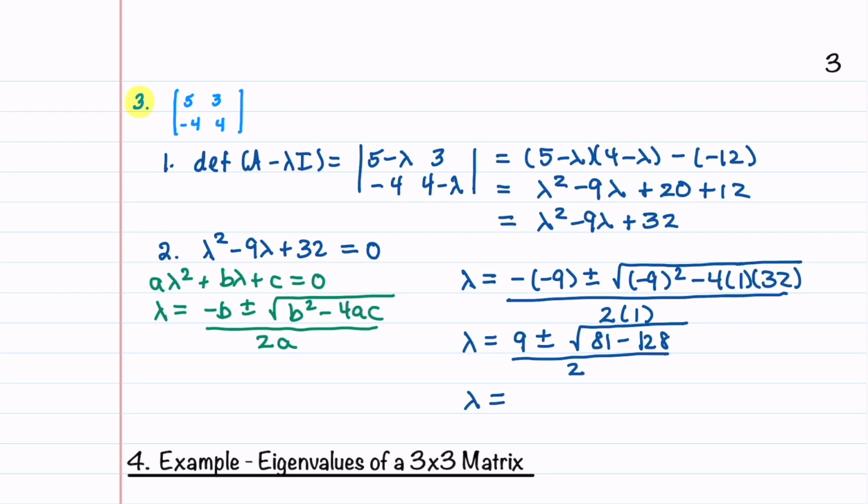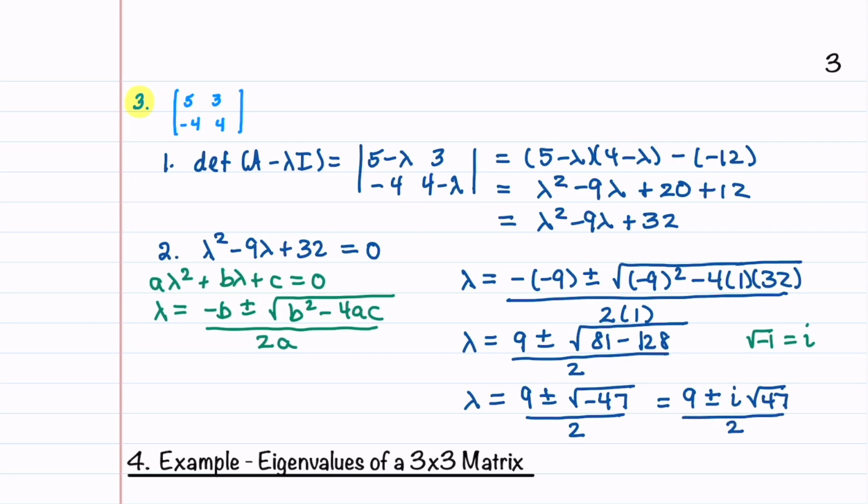Lambda then is equal to 9 plus or minus the square root of minus 47, all divided by 2. You might remember that the square root of negative 1 is equal to i. So that tells us that lambda is going to be 9 plus or minus i root 47, all divided by 2. In this example, we have no real eigenvalues.